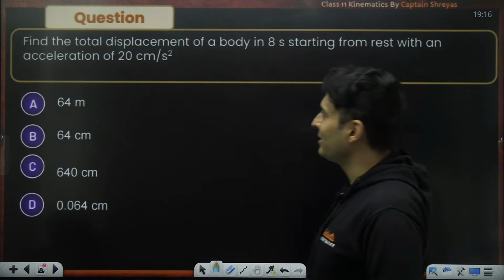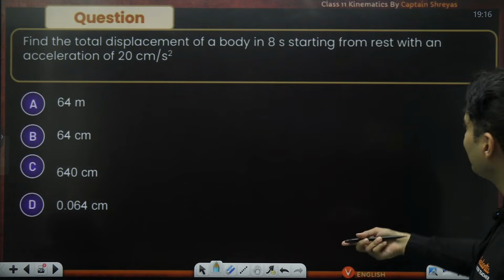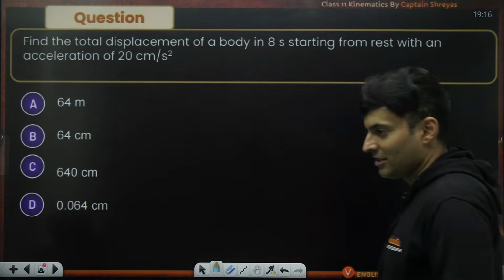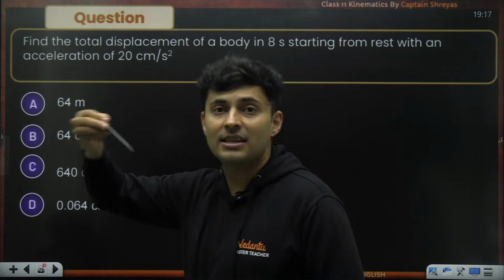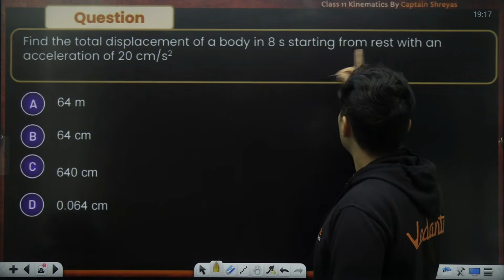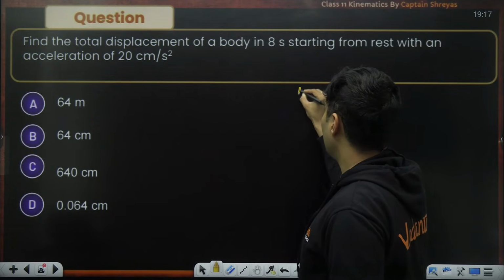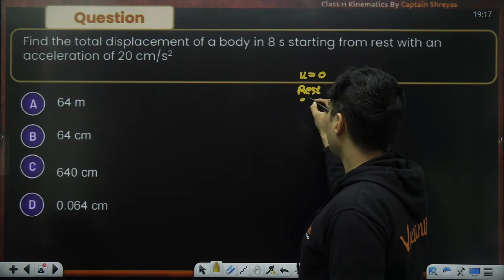Okay, so how do you do this? Find the total displacement of a body in 8 seconds, starting from rest with some acceleration. Everything is in centimeters, so we have to use CGS, not SI. Let's draw the diagram. It starts from rest, so initial velocity is 0.